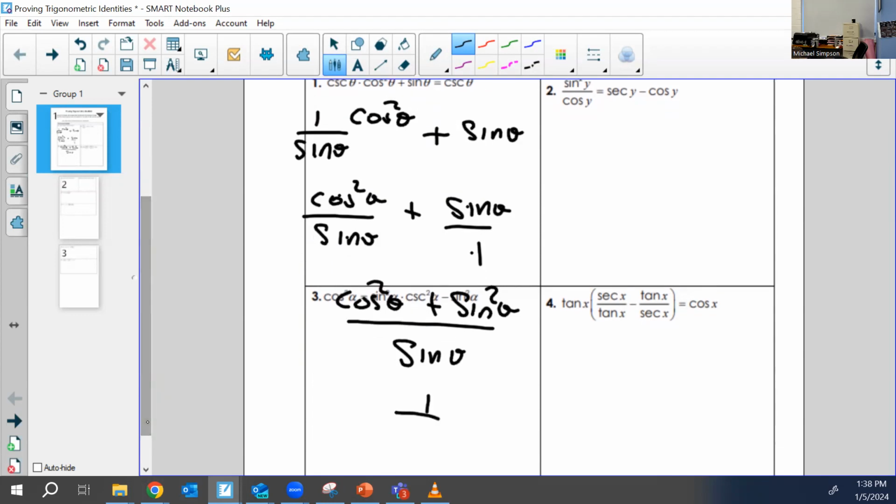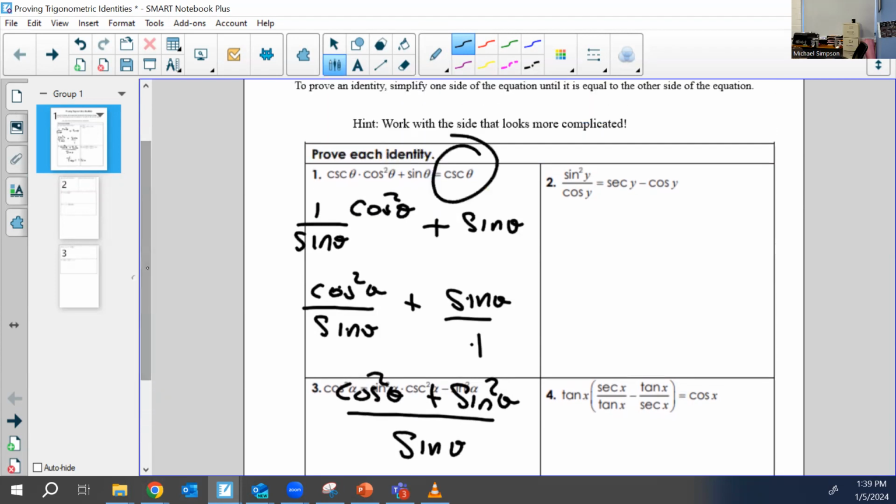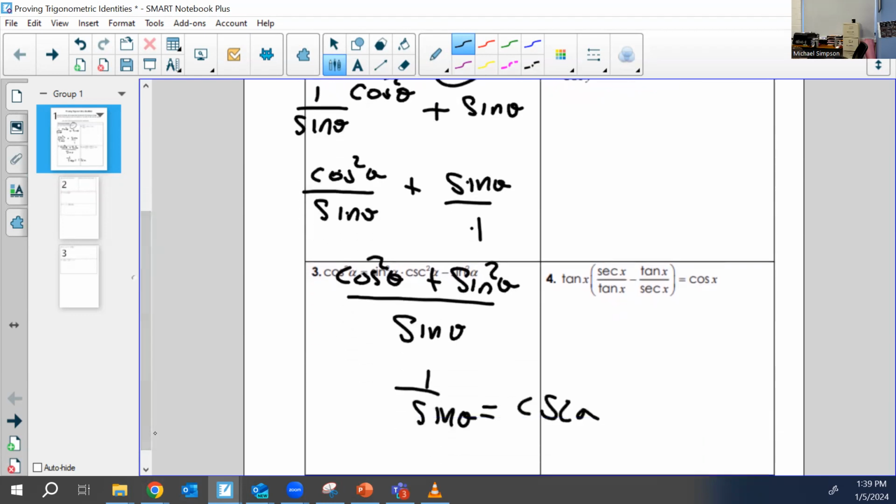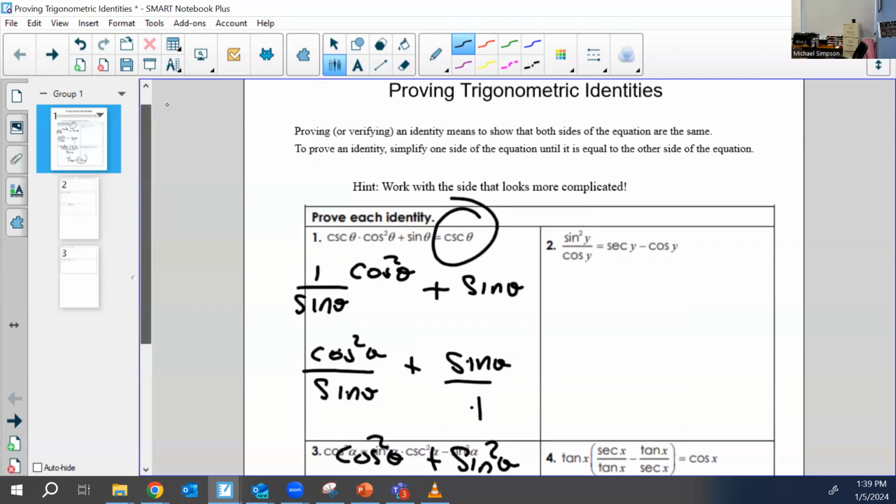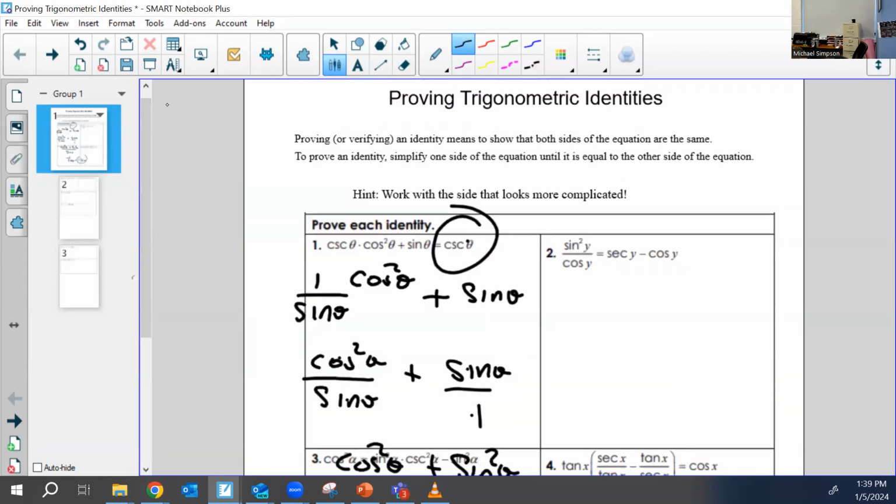This is 1 over sine, and that is equal to cosecant, which is right there. So I did cosine square plus sine square is 1. That gives me 1 over sine, and that is cosecant, which equals the right side.